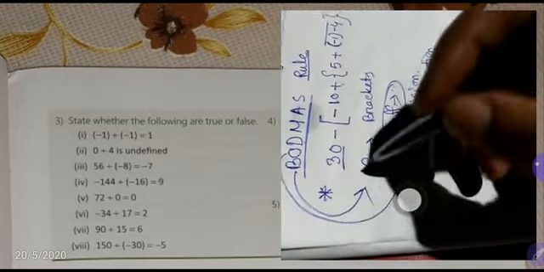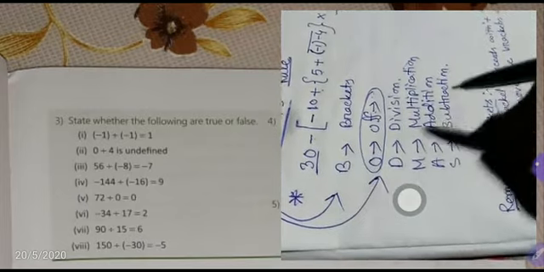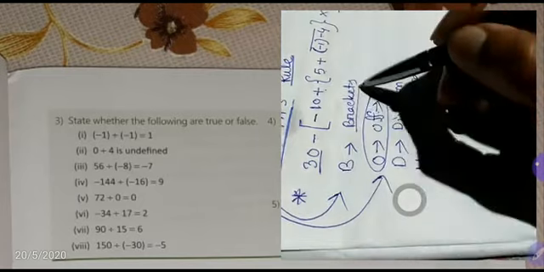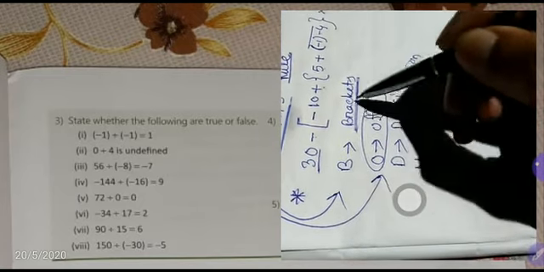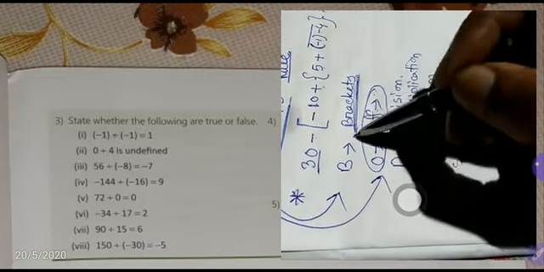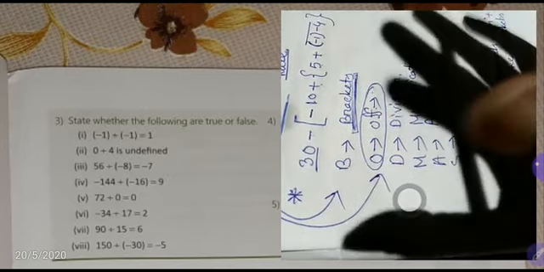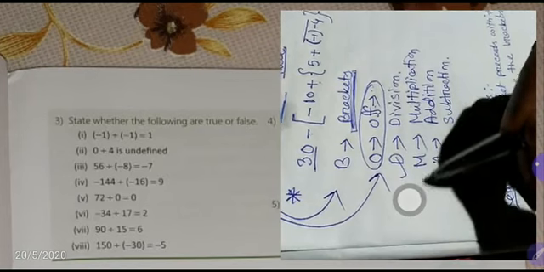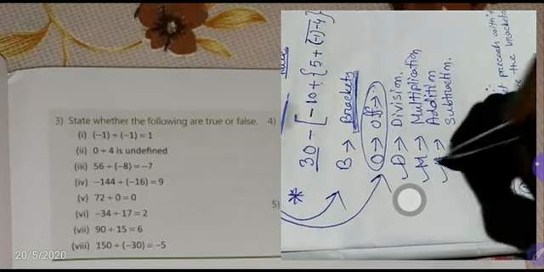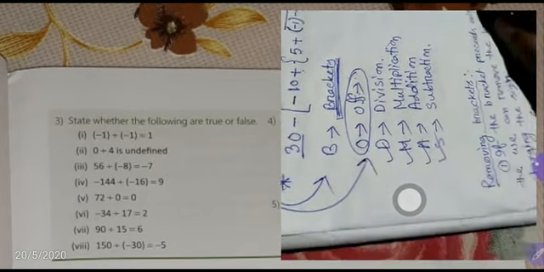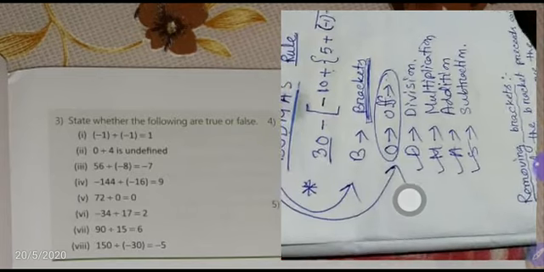So in this sequence you have to do the operations. First, if a bracket is there, the operation inside the bracket we have to do first. After that, division. After that, multiplication. After that, addition. After that, subtraction. In this sequence we have to do it.